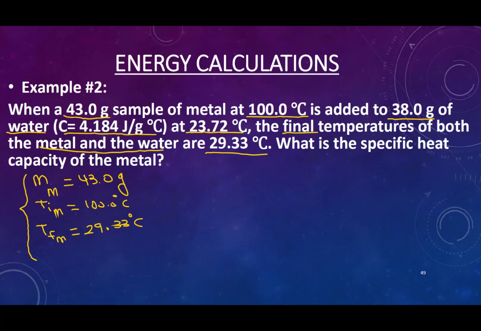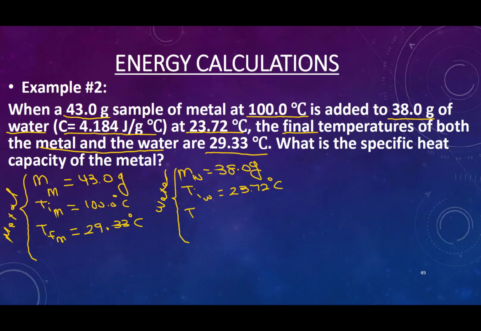Okay, now let's do the same thing for water. This is metal. This is water. Okay, then the mass of water, which is given to us, W stands for water, 38.0 grams. The initial water temperature is 23.72.